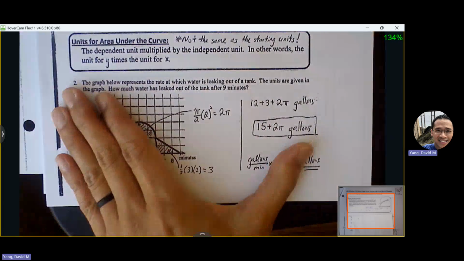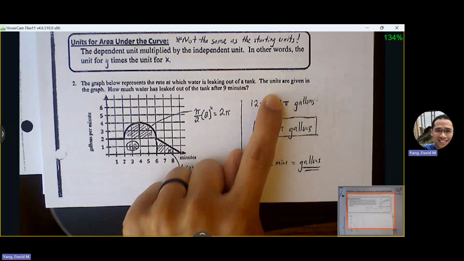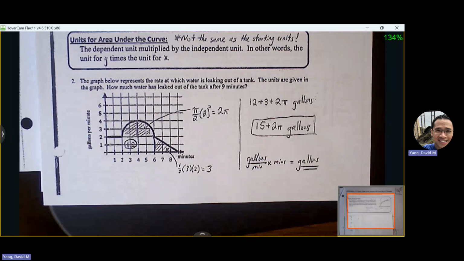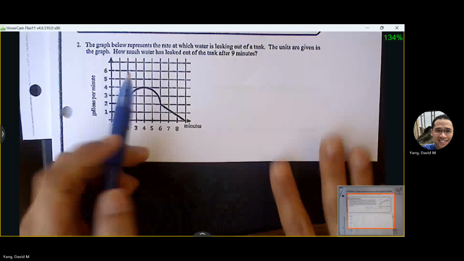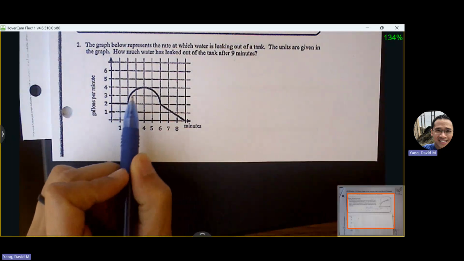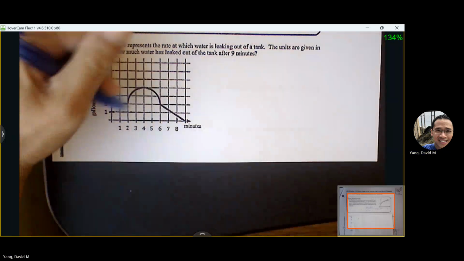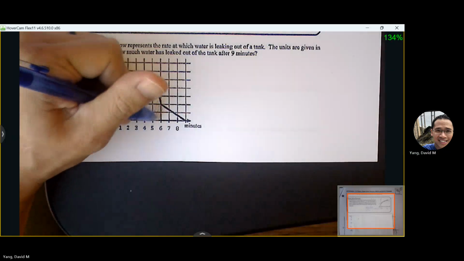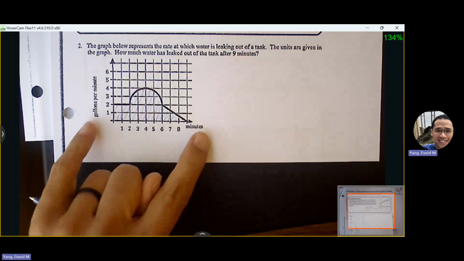So here, the graph represents the rate at which water is leaking out of a tank. The units are given in the graph. How much water has leaked out of the tank after 9 minutes? So let me start off with this one. We know that if our graph represents gallons per minute, and I find the area between the graph and the curve, we're having to multiply these two units together.